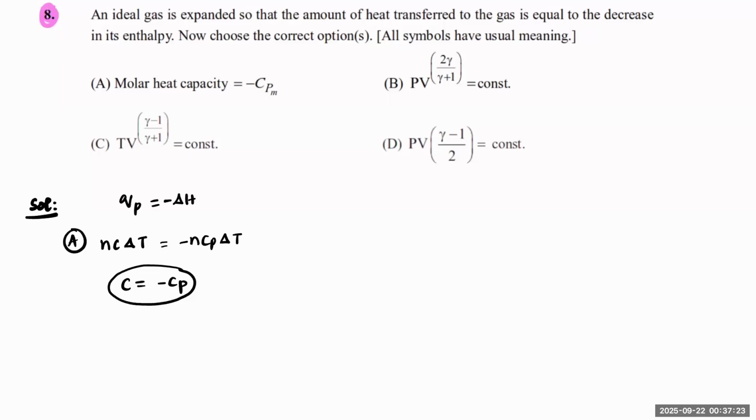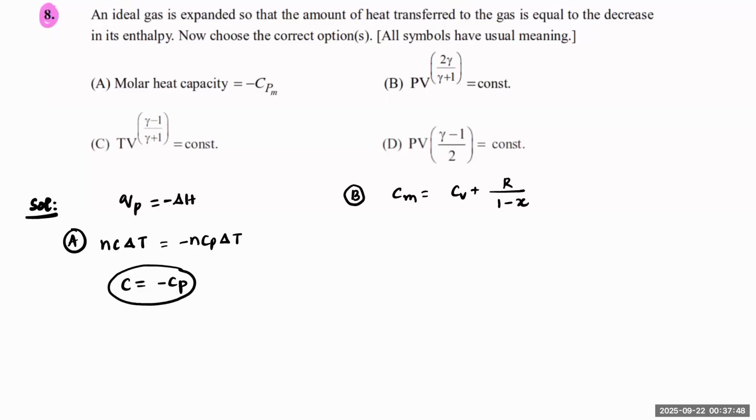Next, check out option B. PV raised to the power of 2 gamma by gamma plus 1 is constant. Okay, now if you notice C, we can write it as Cm can be written as Cv plus R by 1 minus X. Correct?